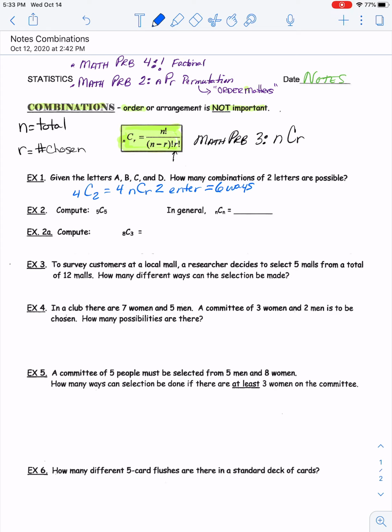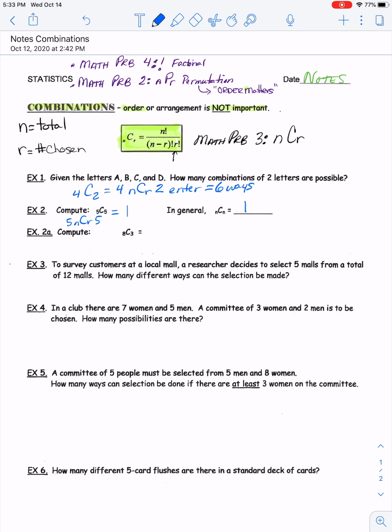Okay, while you're in there, let's do another. Let's do a 5 nCr 5. Press enter. You should come up with a 1. In fact, if you do where the n and the r are the same at any time on a combination, it's always going to come out to be 1.